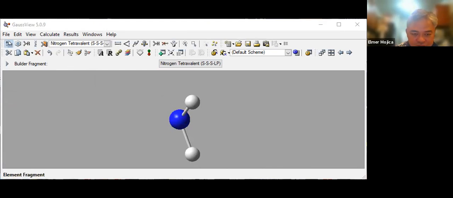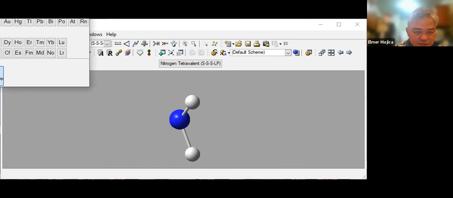So what will I do with this? I'm going to make this into a triple bond.